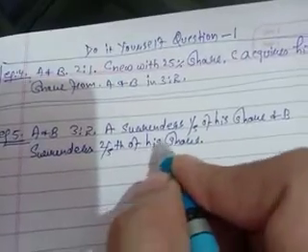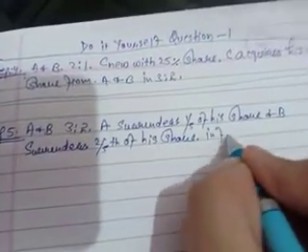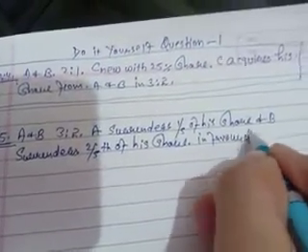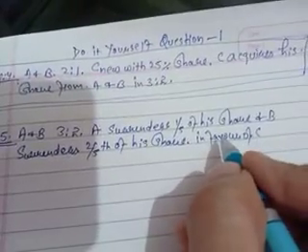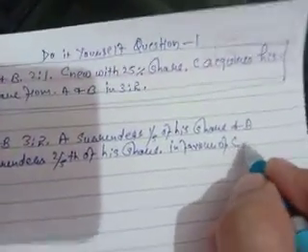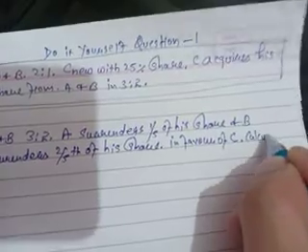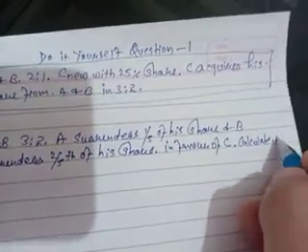B surrenders 2/5 of his share in favor of C. C is the new partner. Calculate the new ratio.